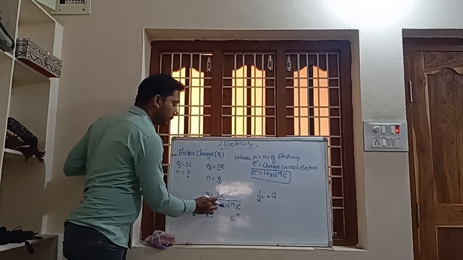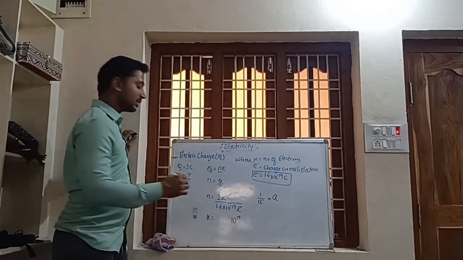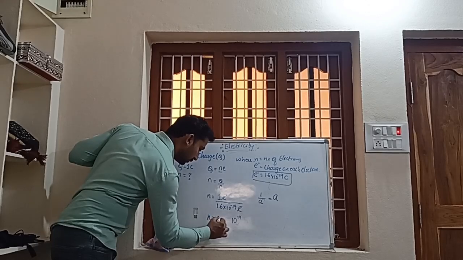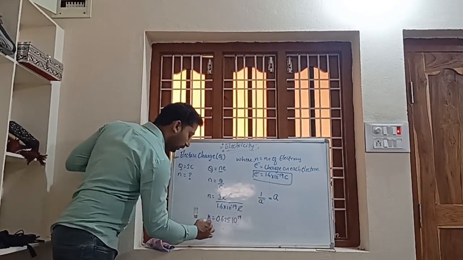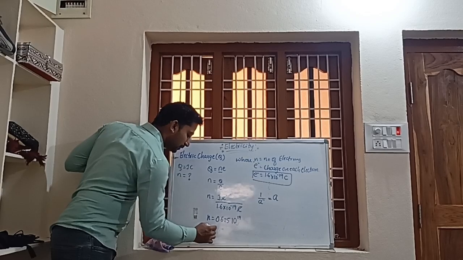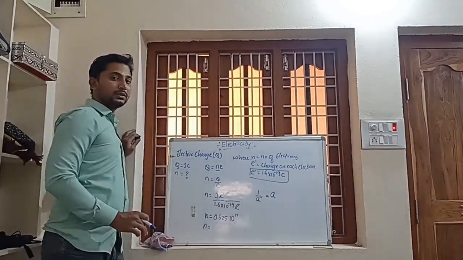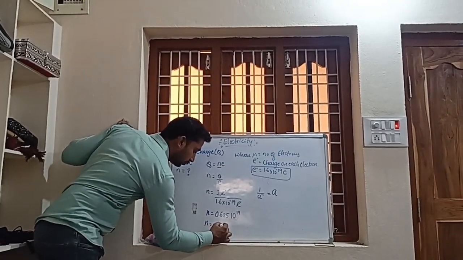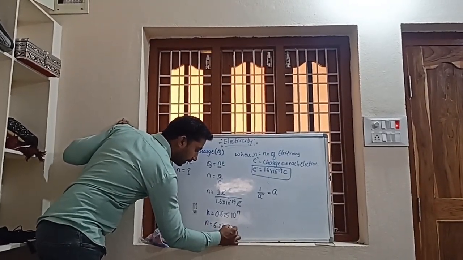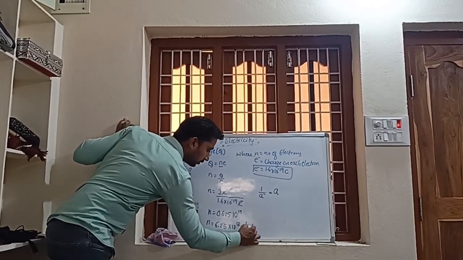If you divide 1 by 1.6 you will get approximately 0.625. But you want it not in decimal value, so if you reduce one power, you will get 6.25 into 10 raised to power 18 electrons.